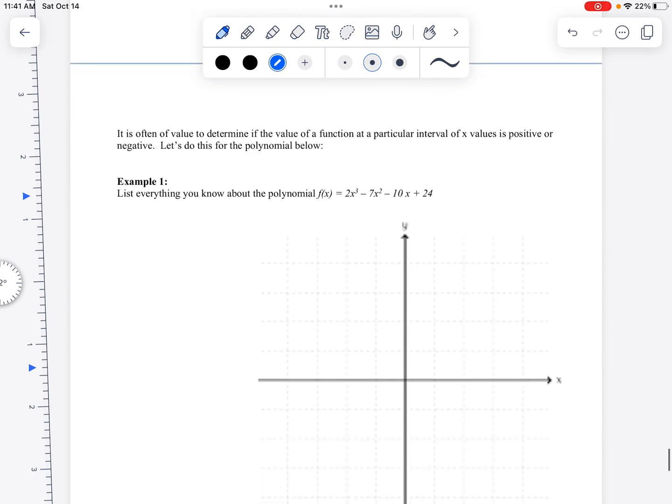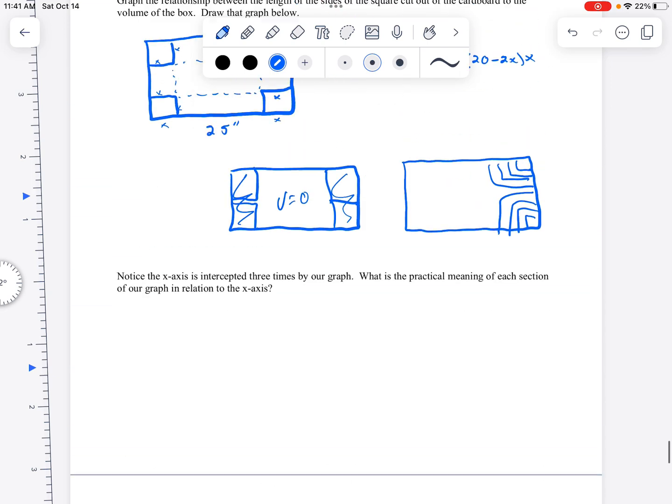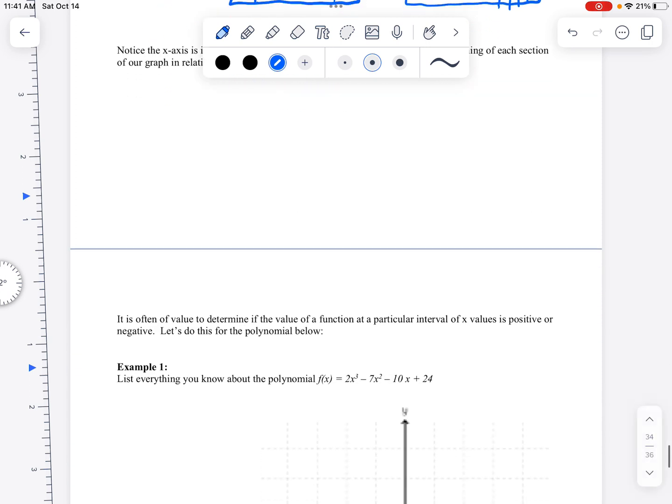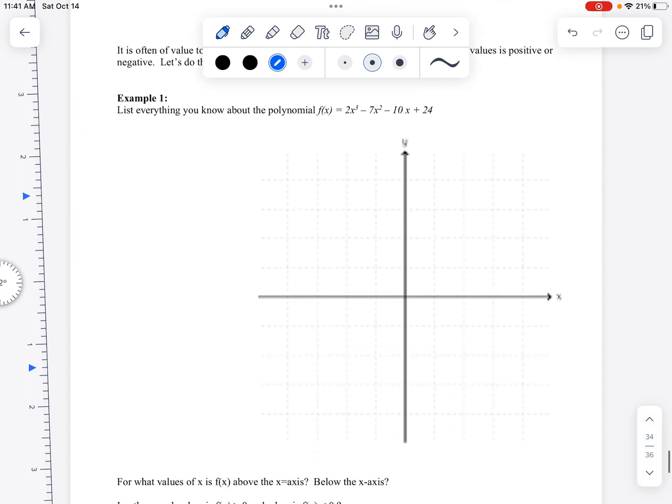Now, it is often of value, therefore, to be able to determine when a polynomial gives positive values or when it gives negative values. Just like here, we were determining when this polynomial was positive. So first of all, let's list everything you know about the polynomial 2x to the third minus 7x squared minus 10x plus 24.